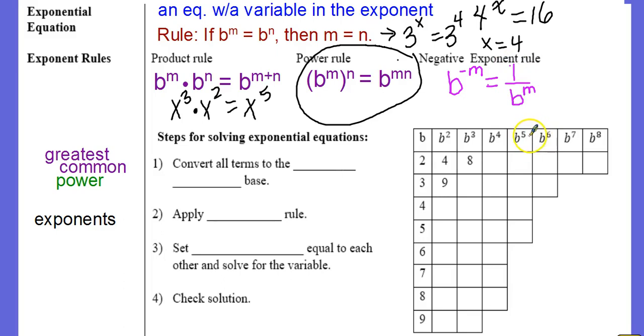But we're not going to use this version of the rule. We are going to use this version that says if I have 1 over some base raised to the m, we have to raise that base out of the denominator today. And we're going to write it as b raised to the negative m. So we will be using this one often today.